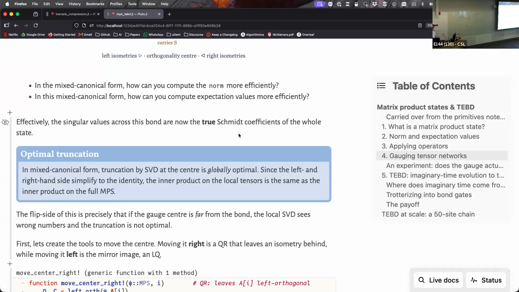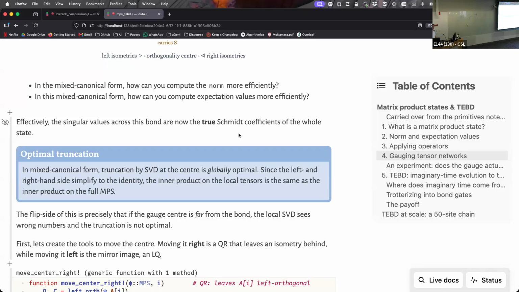And so basically what that means is that in order for this theorem about the truncation of the SVD to be optimal to hold, I first have to make sure that everything to the left of this is in left orthogonal form and everything to the right of it is in right orthogonal form.